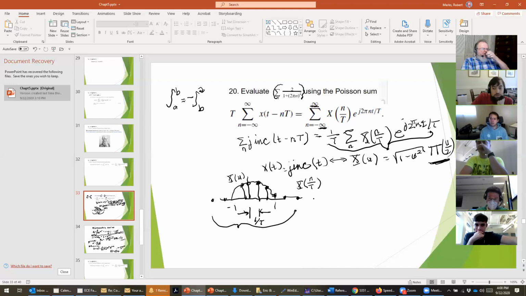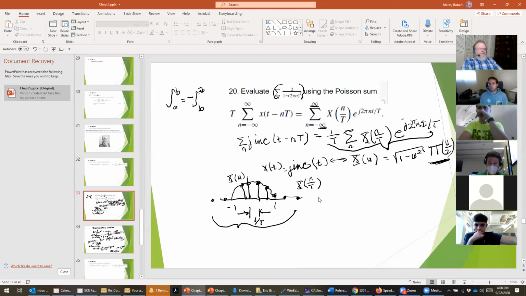And then also, the rule for integrating an odd function from -a to a goes to 0. That applies to summations too as well.